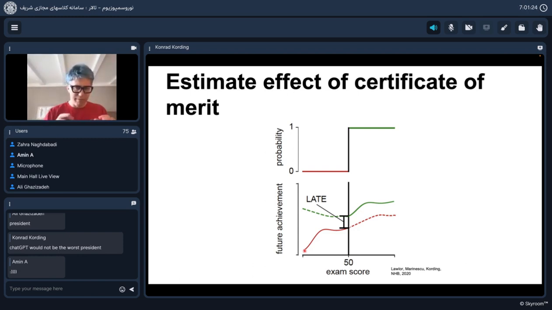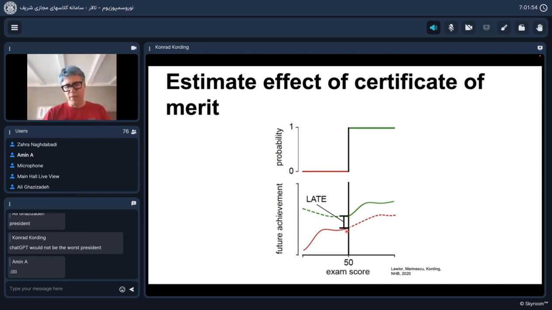So in any case, if there's noise on the exam score, there's noise on the x-axis, so the curves must be smooth. Now that means that, because they're smooth, we can evaluate in the vicinity of the cutoff what's the causal effect of getting that. Because within that vicinity, whether I'm left or right of the threshold, given that there's some noise on it, it's really random.